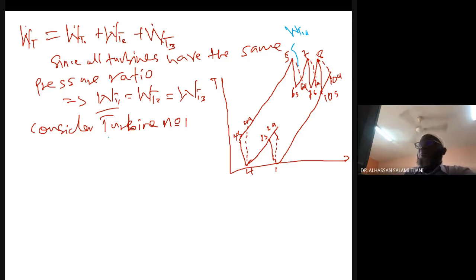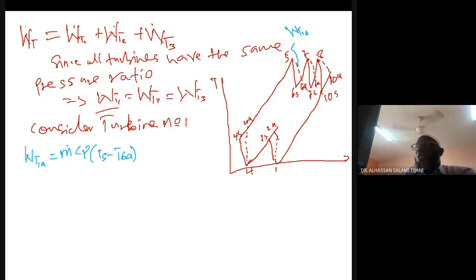So this gives me W turbine number 1A equals mass flow rate of the fluid times specific heat capacity of the air times T5 minus T6A.